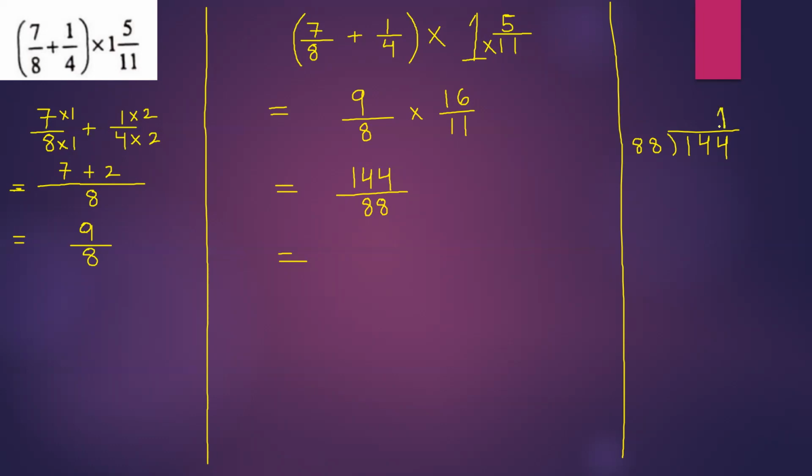Only once. 88 times 1 is going to be 88. And 144 minus 88 is what?